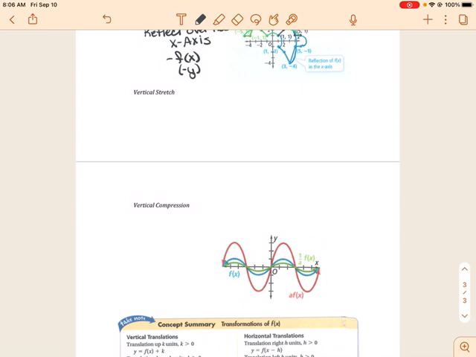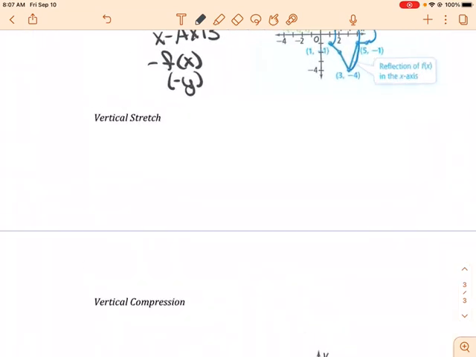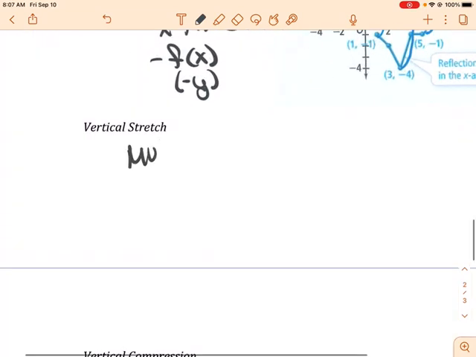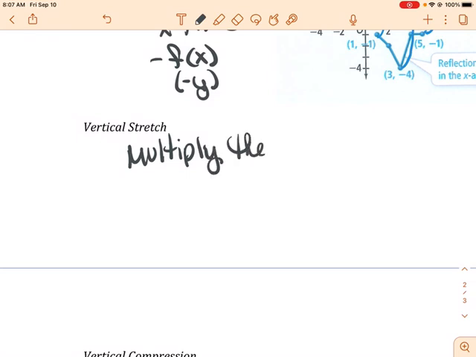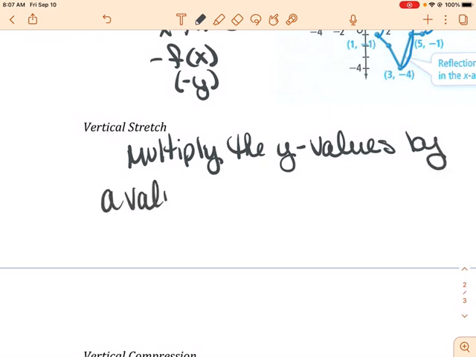So it multiplies all the y values of the function by a value bigger than 1. So here we're going to multiply the y values by a value greater than 1.